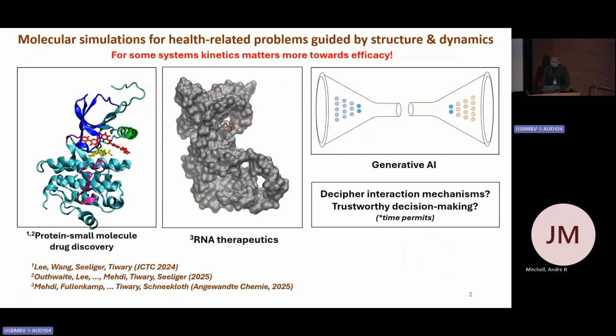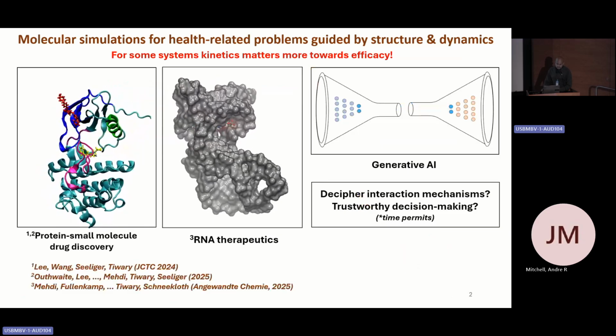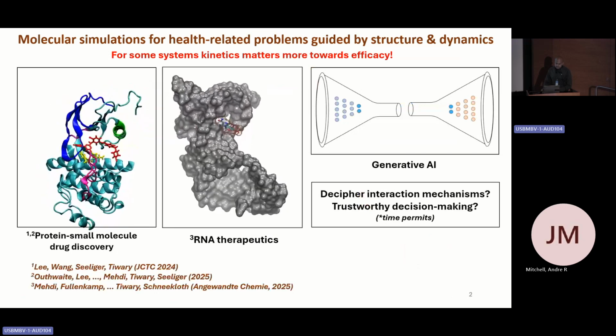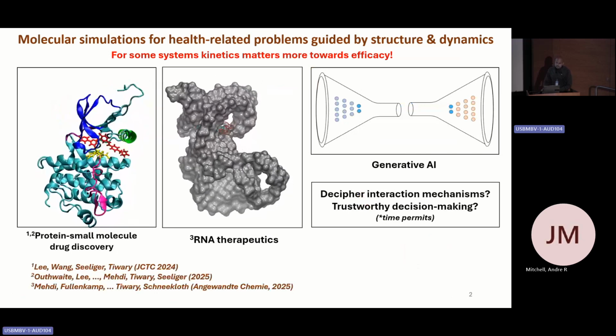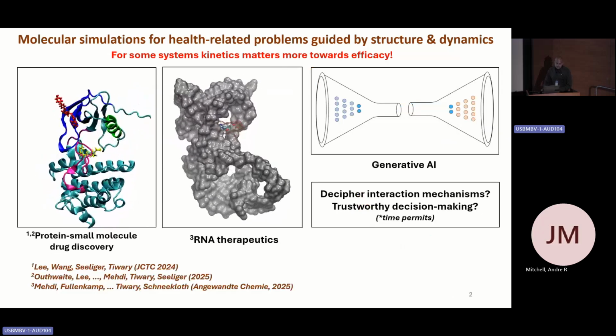In general, in our group, we look at problems that are involved in human health, and we focus on structure and dynamics. We have developed methods for calculating free energies out of molecular dynamics simulations.